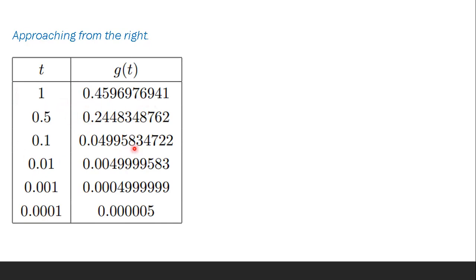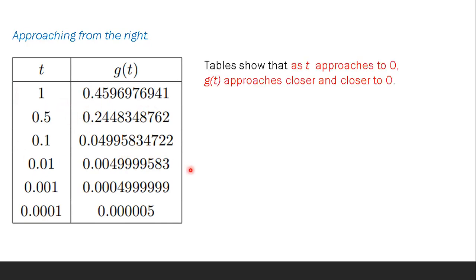And these are the values of our g of t. The tables show that as t approaches 0, g of t approaches closer and closer to 0, right? If we approach 0 here, we also approach 0 here.